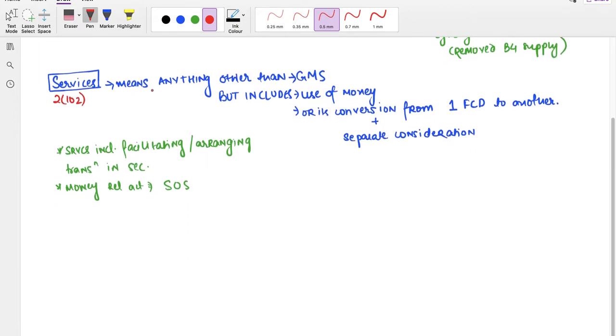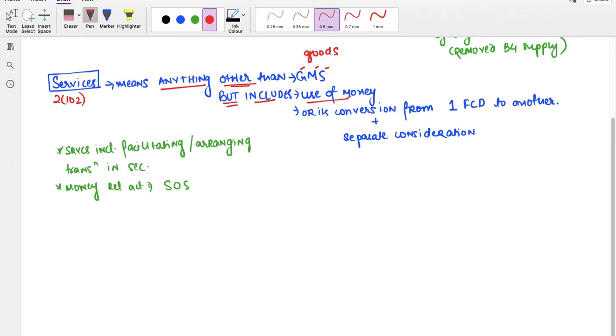Next, services. Services means anything other than GMS. M and S, just like in goods, money and securities, and this extra G is for goods. So other than G, it's just like your GMCS, but without a C. So services means anything other than GMS, but it includes two things.